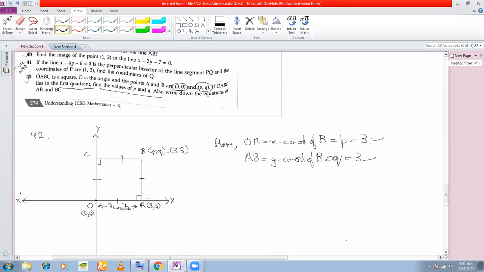this straight line is perpendicular to the x-axis, right? That means this straight line is parallel to the y-axis, isn't it? So since AB is perpendicular to the x-axis, it is parallel to the y-axis.